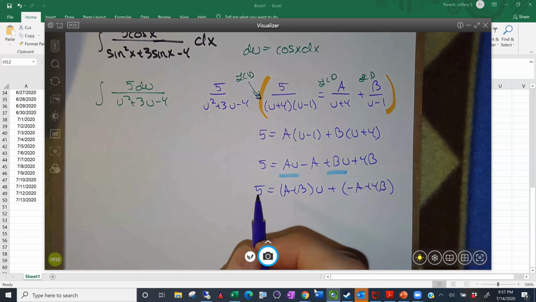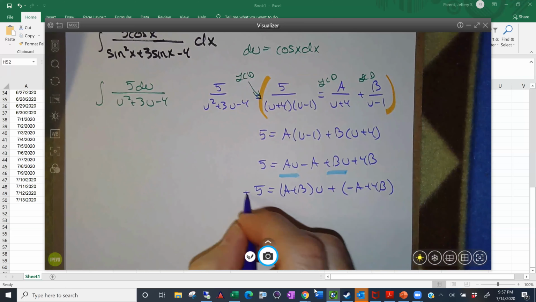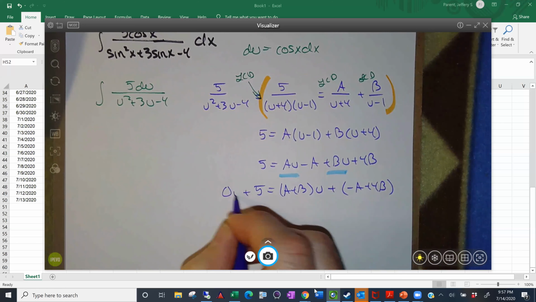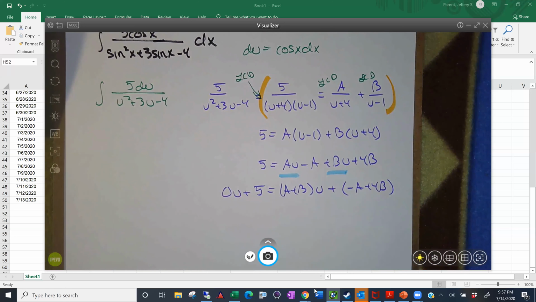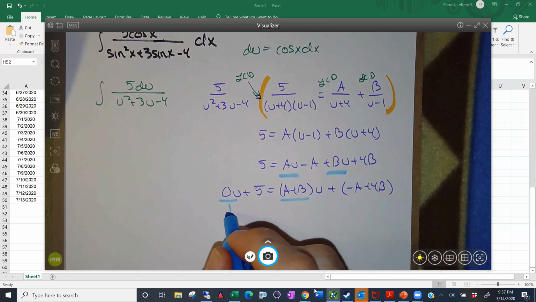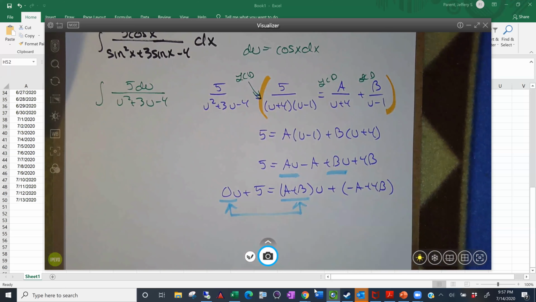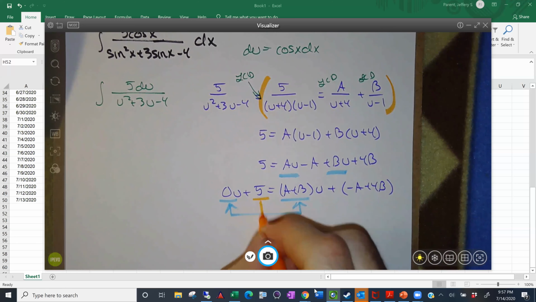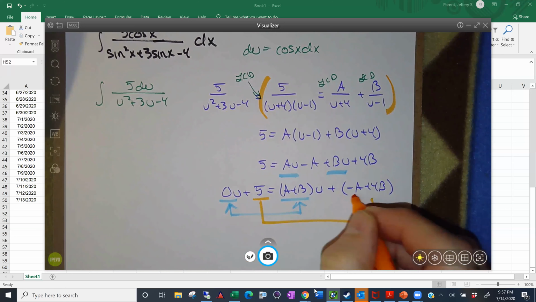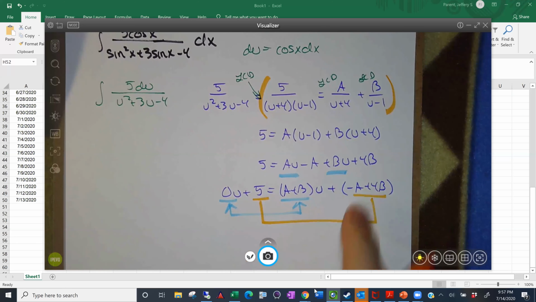Now on the left-hand side there are no u terms, but that's okay, because that gives us one of our equations right here: 0 equals A plus B. And another equation comes from right here: 5 equals negative A plus 4B. So two equations.